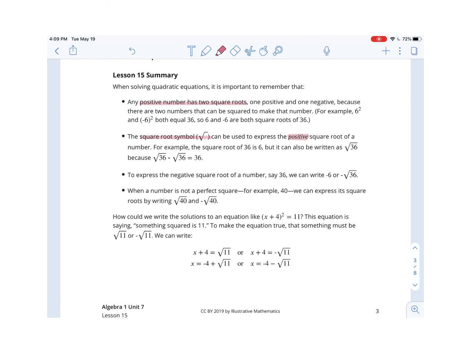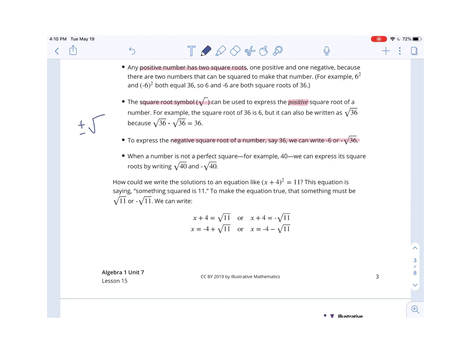So conventionally, when we see that square root symbol, we're talking about the positive square root of that number. And if we want to express the negative square root of a number, like 36, we can just put the negative sign in. And so that's where we get that plus or minus the square root.